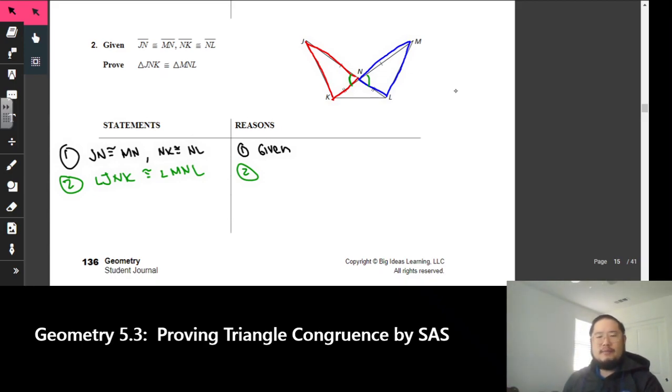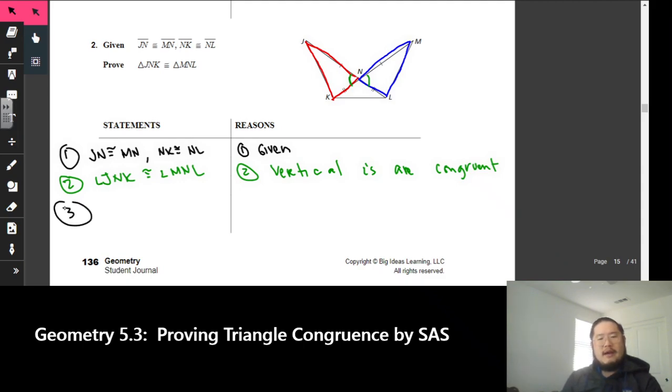And our reason here, hopefully you got it down, that is your reflexive property. Or sorry, looking at the wrong thing right here. That's all about vertical angles are congruent. I think from chapter 2 we covered that one.